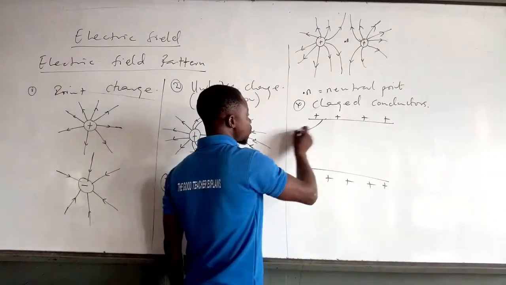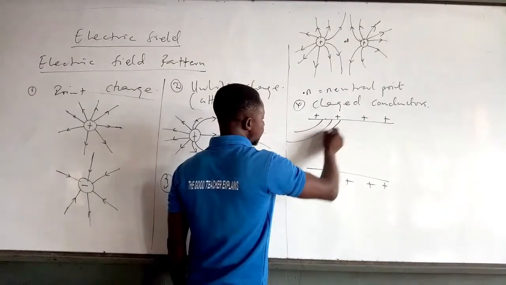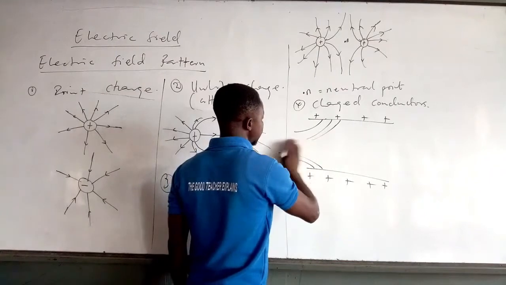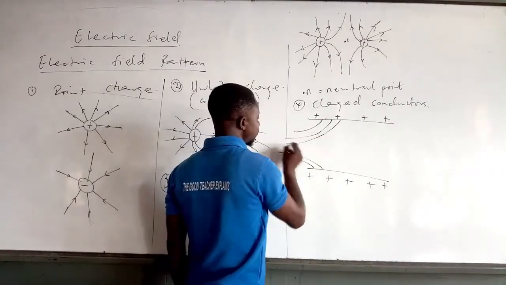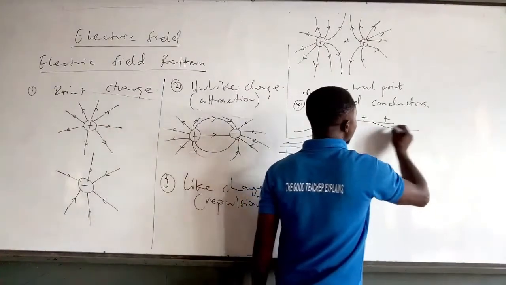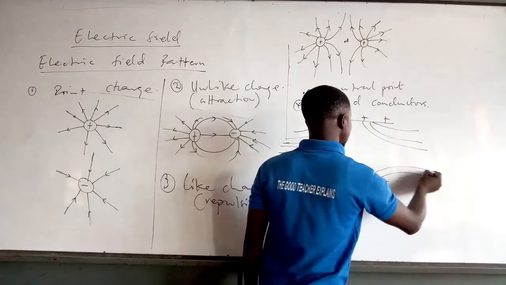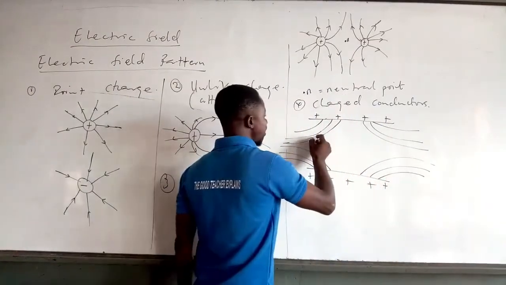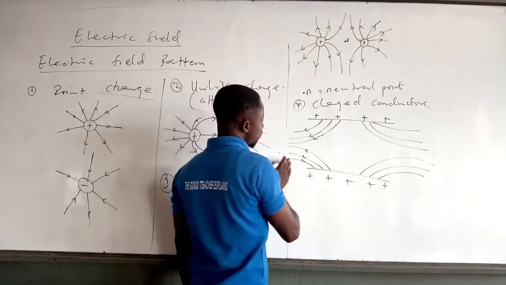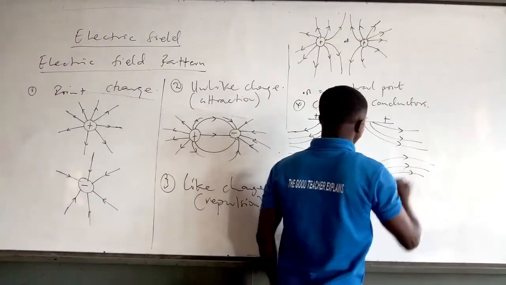So the resultant force is going to be like this. Because they are positive, they will point away to show repulsion. They will point away like this, and they will point away.